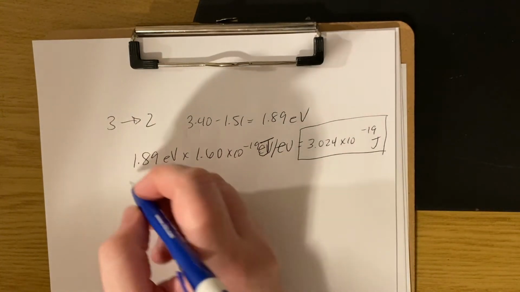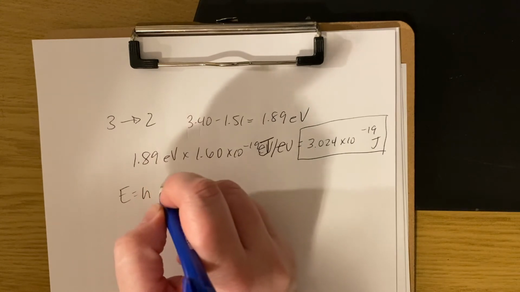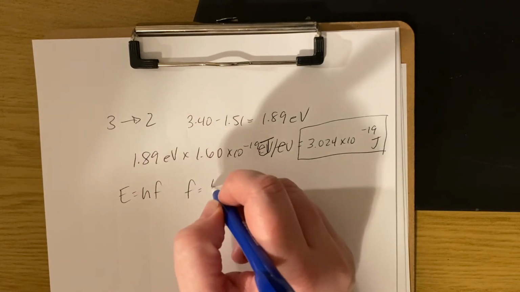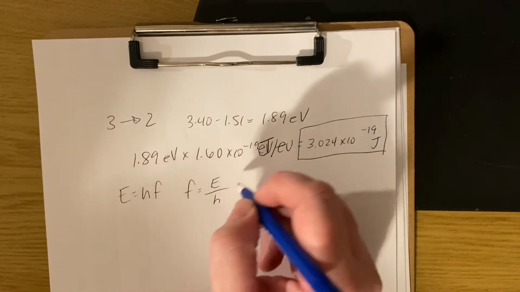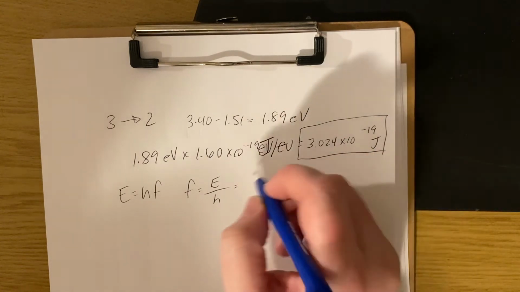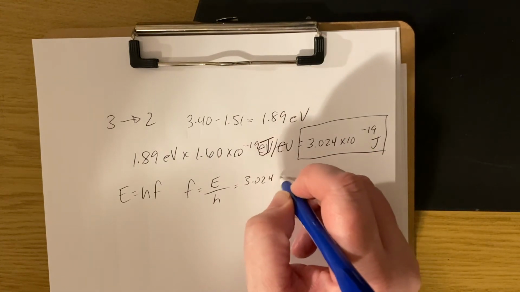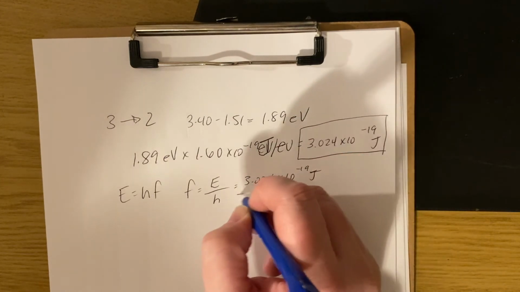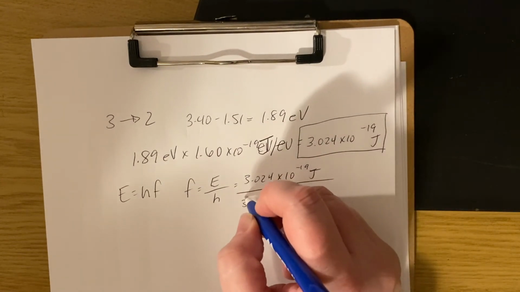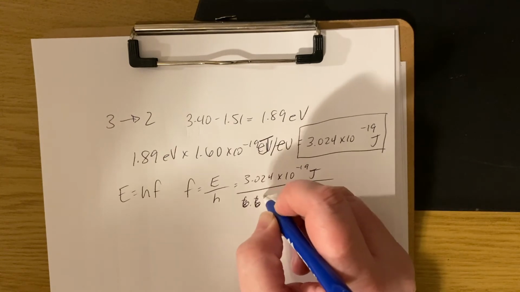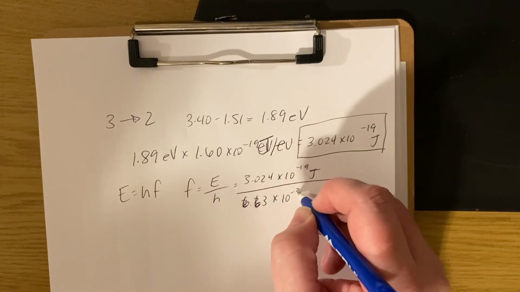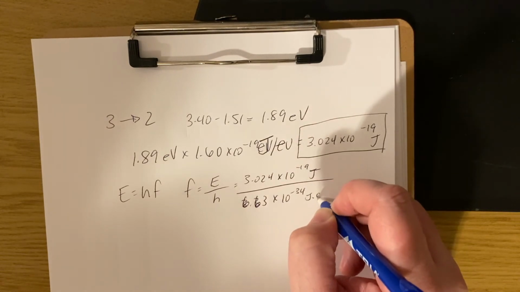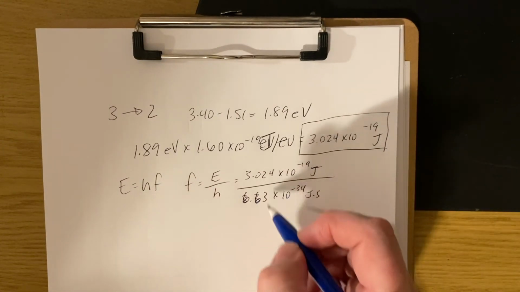And so we'll say, well, we know that E equals hf, so f equals our energy over Planck's constant. And so we have 3.024 times 10 to the negative 19th joules, divided by 6.63 times 10 to the negative 34th joules times seconds.